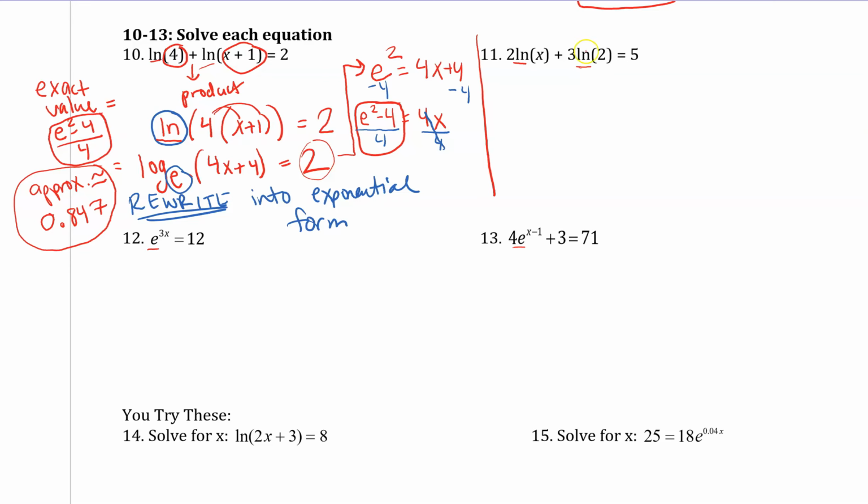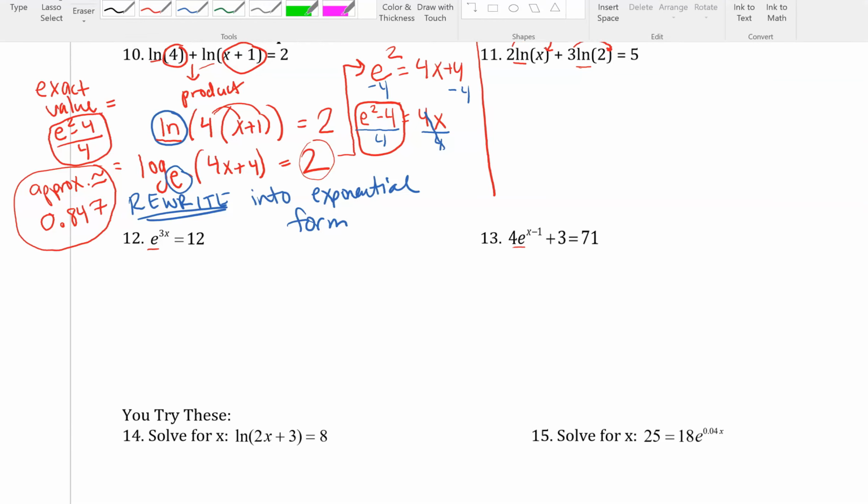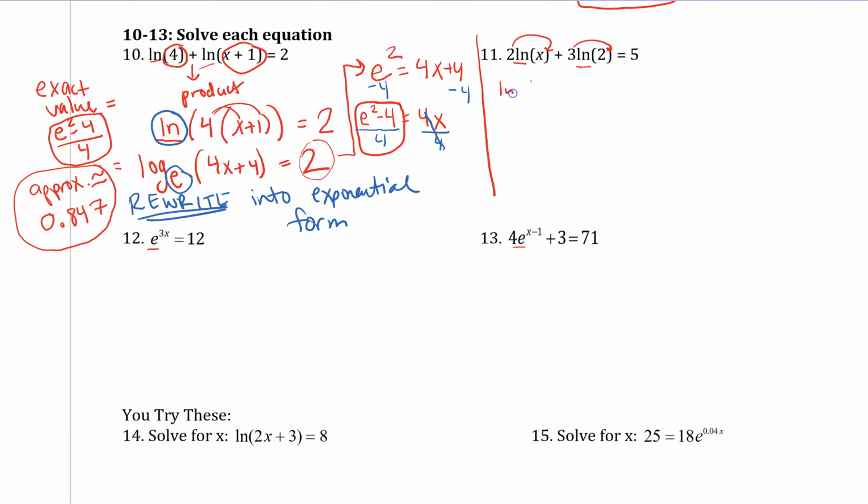So we'll do a similar process over here with this log, although we're going to recognize these coefficients in front. But I want to combine these into one log expression, a single log expression. So I'm going to take this 2 and make it the power of x. I'll take this 3 and make it the power of 2. And so I will have the natural log of x squared plus the natural log of 2 cubed, and then all of that equals 5.